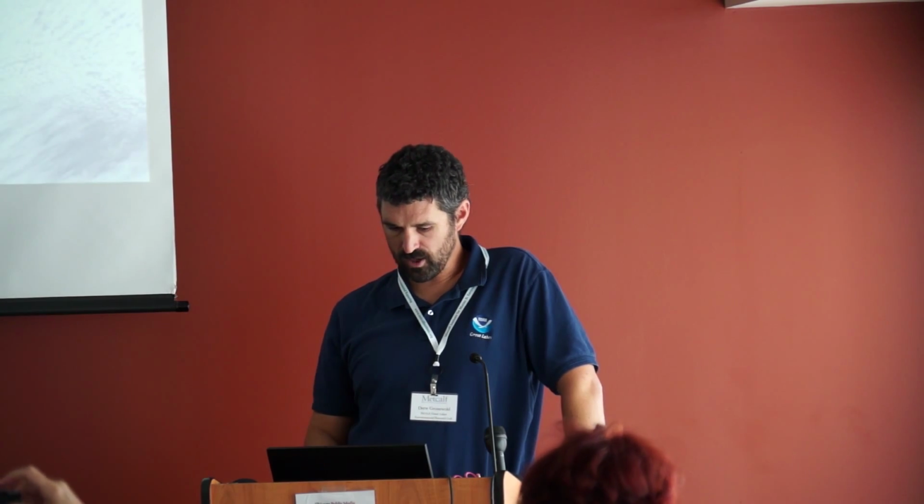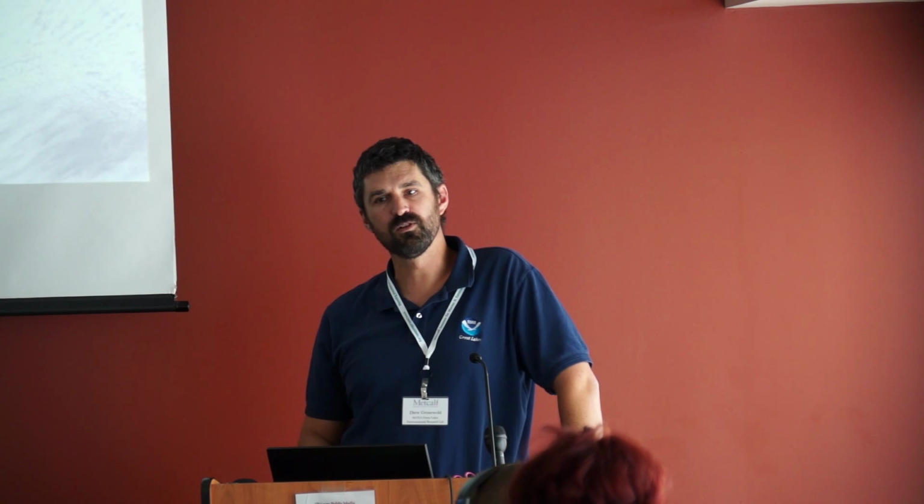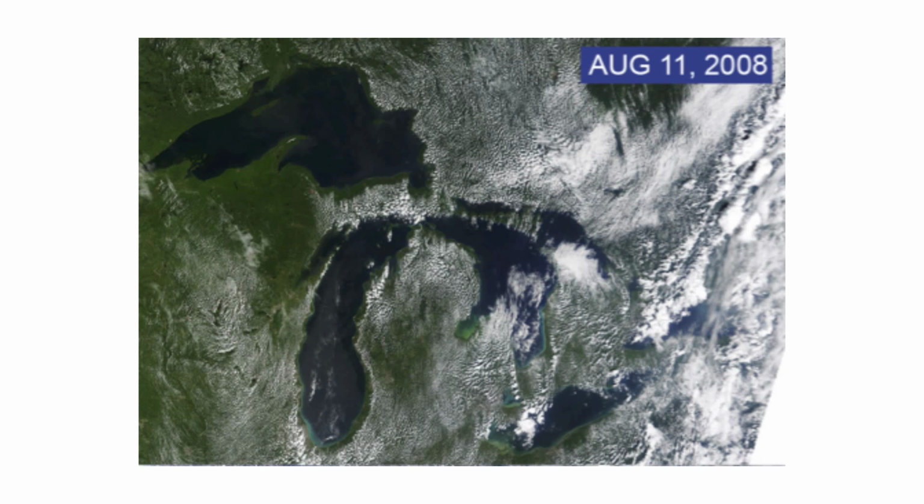But what I want to talk about is the change in these overlake phenomena as we go through the seasons. Here's an image from August of 2008. And what I'd like you to notice or appreciate is that if you look at the cloud cover over the lakes or around the lakes, it almost looks like someone has taken a cookie cutter and cut out the cloud cover over the lakes themselves.